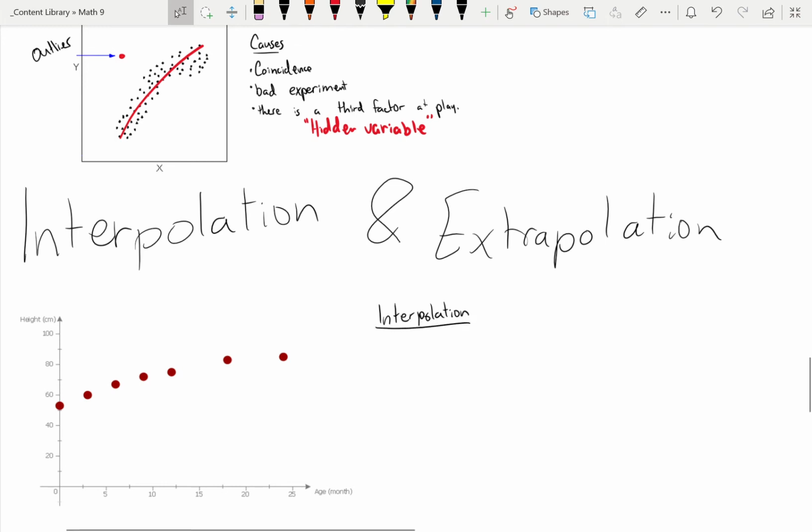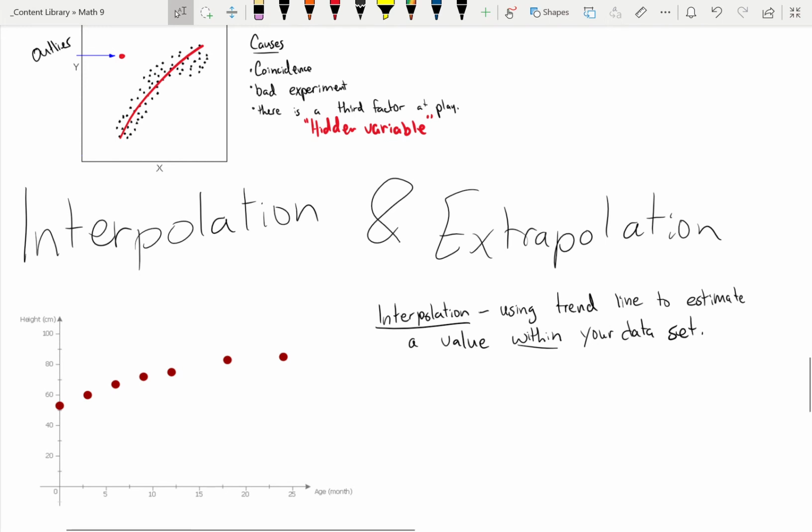So interpolation is using the trend line to estimate a value within your data. So inter means inside. So you're using a trend line to estimate a value within your data set.